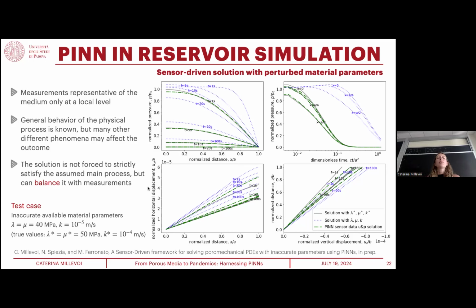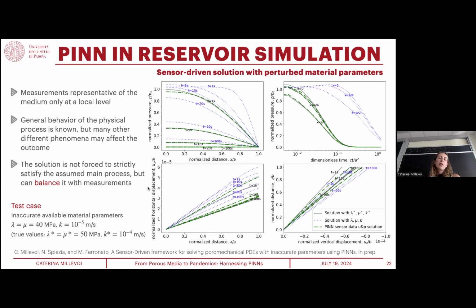For example, you know the porosity, you have some measurements, and from those you extrapolate an idea of your porosity and your Lamé constants, which describe the type of material and the geomechanical properties of your reservoir. But this information is inaccurate, given that in situ measurements are affected by errors or something else. And so here, we test PINNs in this setting.